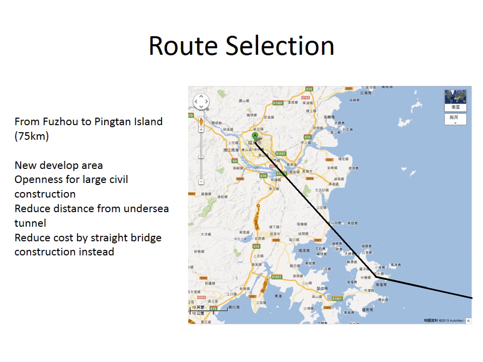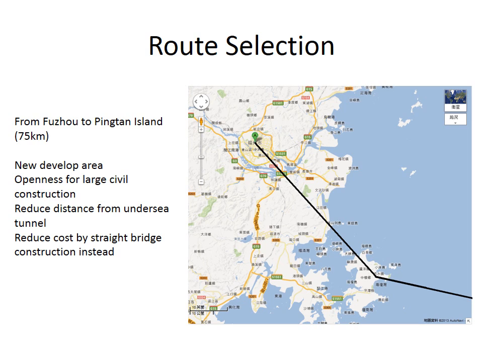Looking in more detail, the distance from the Fuzhou area to Pingtan Island is about 75 kilometers. The reason for using this route is that we noticed a new development area is emerging on Pingtan Island.